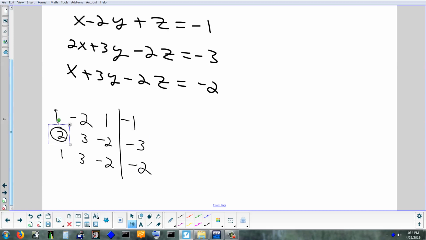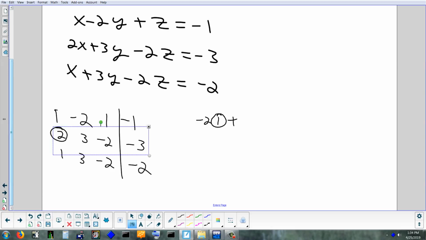0. So can anyone tell me what would you multiply equation 1 by to make that a 0? Yep. -2. So -2 times row 1. And what row am I going to add that to? Yeah.